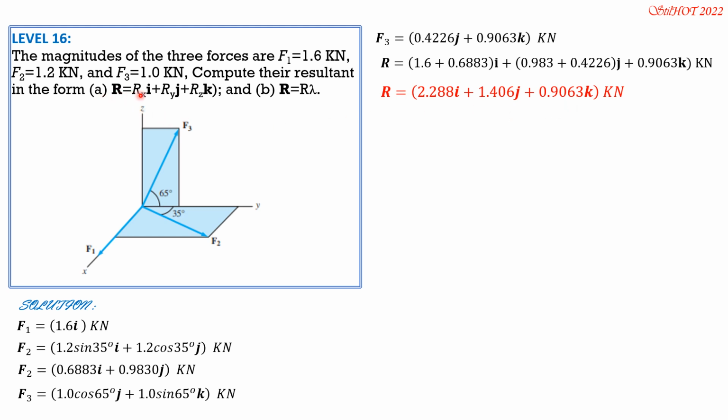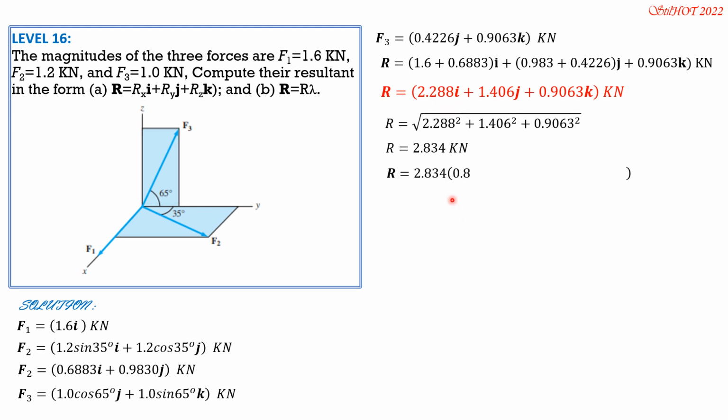So that's letter A. Letter B, let's find the magnitude of R by getting the square root of the sum of the squares of these components. Square root of 2.288 squared plus 1.406 squared plus 0.9063 squared. So the magnitude of the resultant is 2.834 kilonewtons. Then if we factor this out, the unit vector components would be 2.288 over 2.834.